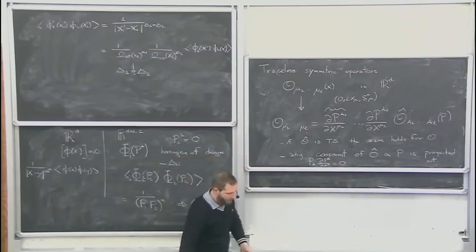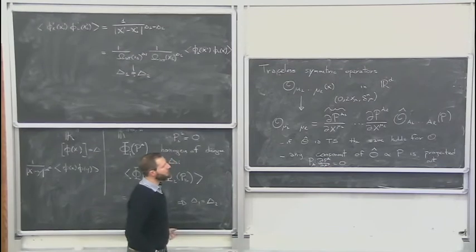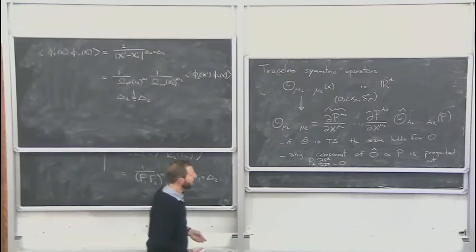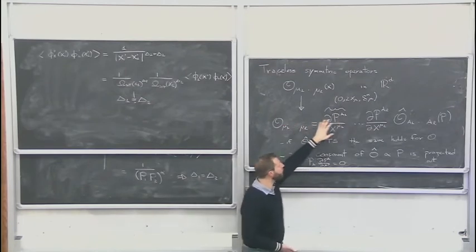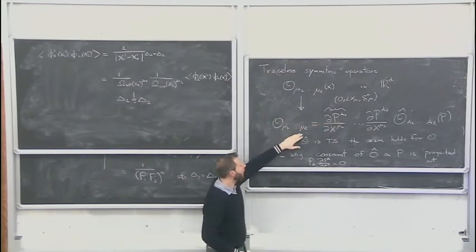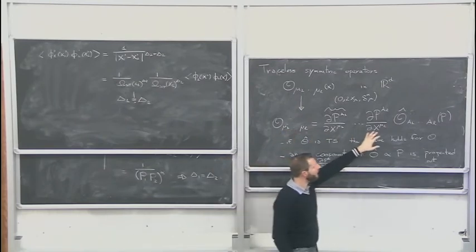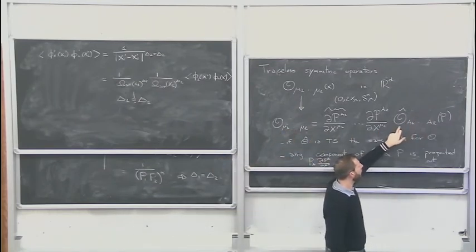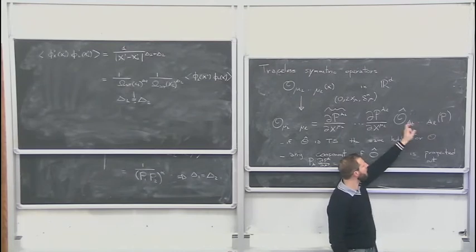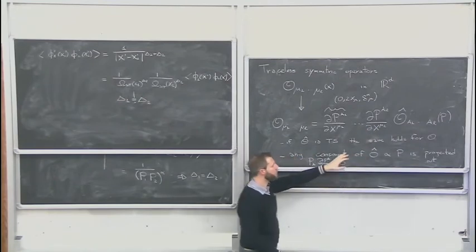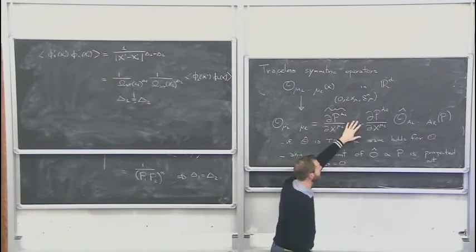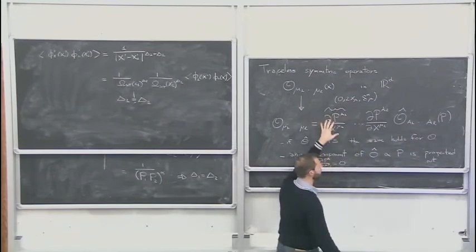Okay. So with this definition, we can conclude that in order to consider correlation functions of traceless symmetric operators in R^D, we can start by studying correlation functions of traceless symmetric operators in the embedding space, and then we can just project down to R^D with this operation.